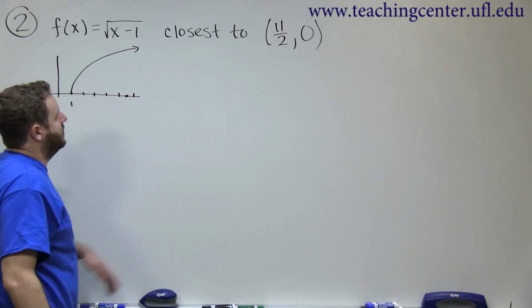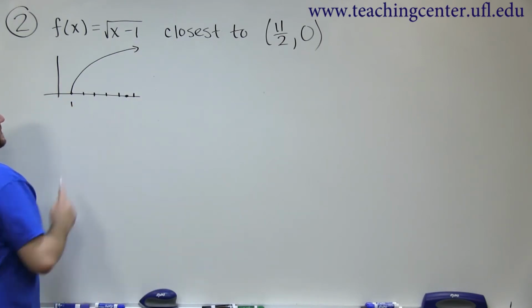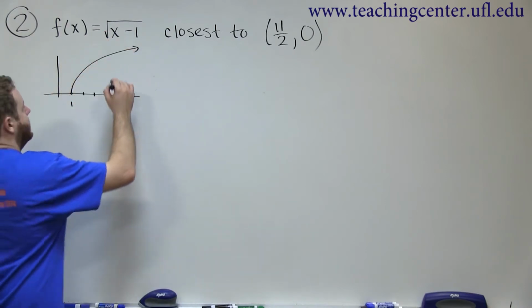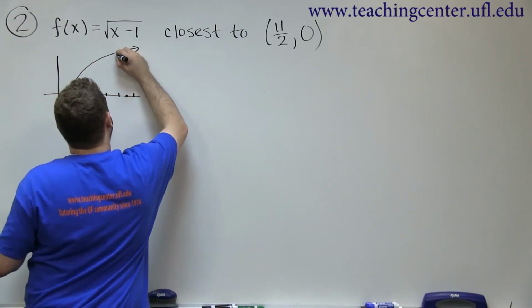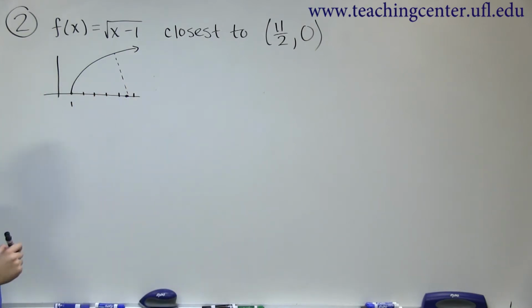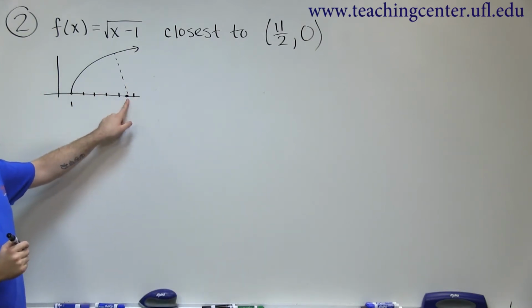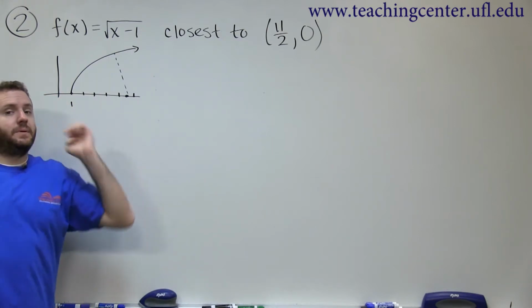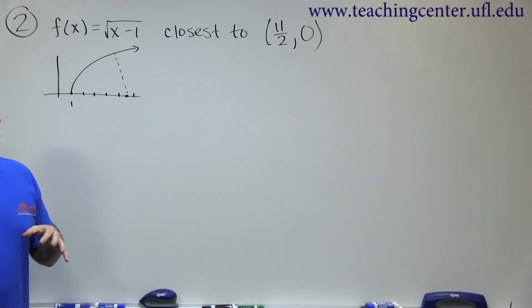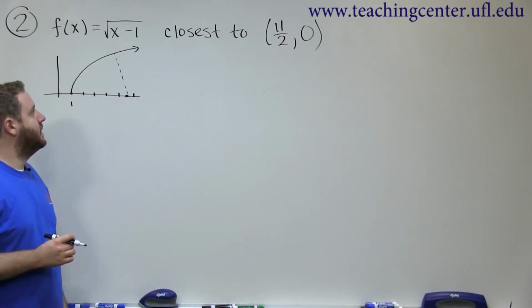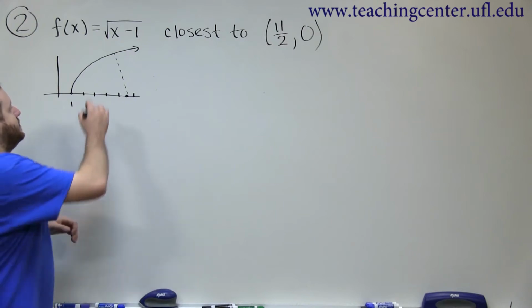Its y-coordinate is 0, so it's on the x-axis. And we're saying which point on this graph is closest to the point here. It might not be obvious from the graph because a lot of these points are probably pretty close, similar in their distance, if it's all the way across or up this way or whatever. So we're trying to find which point on this graph.